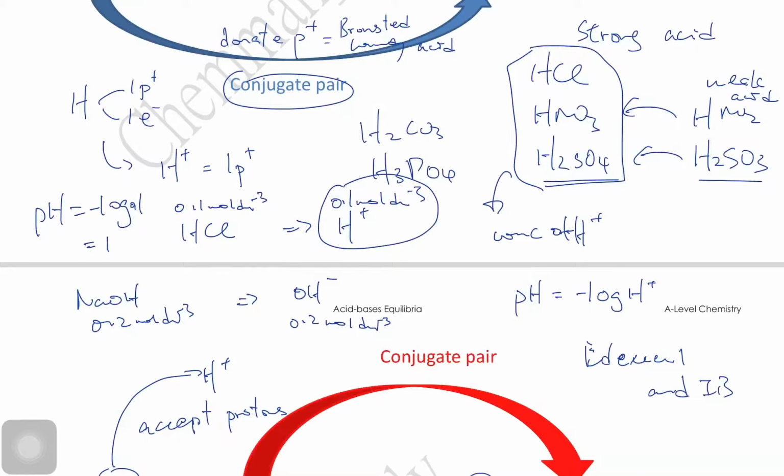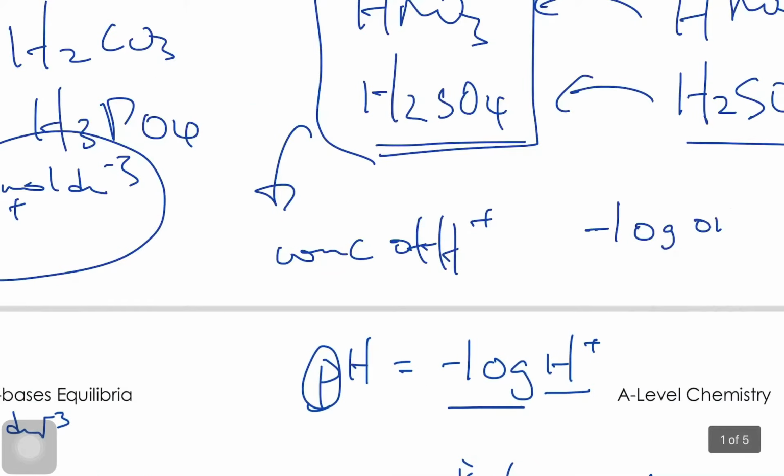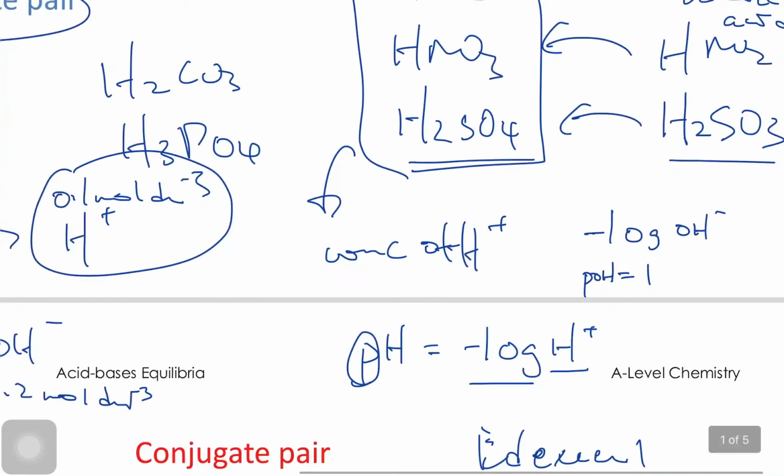If you think of p as having a mathematical meaning, what you have to do is just minus log the concentration. Then if you have OH, you do a similar thing: if you take minus log of OH, it gives you 1 also, but that value is not pH, it is pOH.